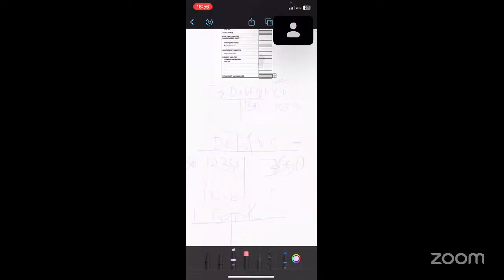In this case, the balance should be a debit. And whenever they pay, we write on the side which decreases whatever amount they're paying. Let's say this person paid 350. So now it's 12,350 minus the 350, so it's going to be 12,000.